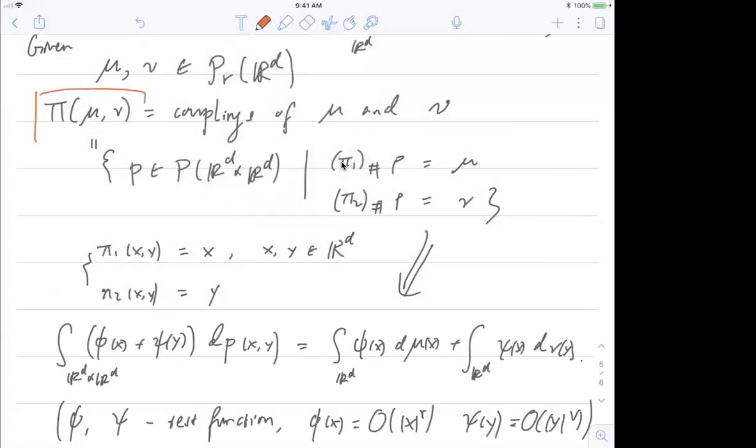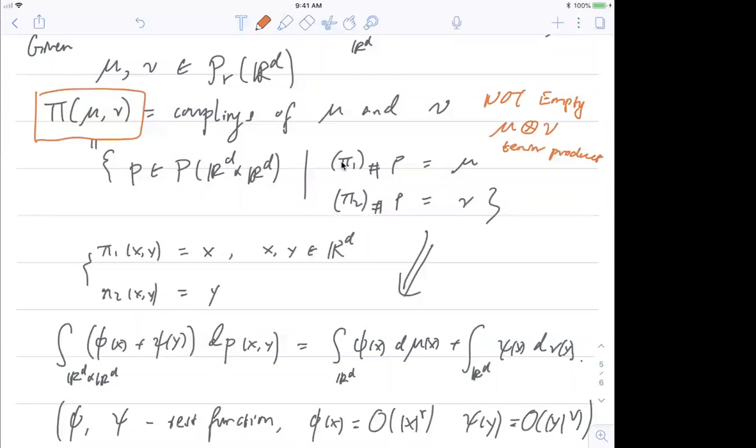So this is the definition of couplings of mu and nu. I just want to say several words about this set. Definitely it's not empty, because at least we can take mu cross nu, which means the tensor product. Basically it means independence: if you take two random variables X and Y, where X has law mu and Y has law nu, the tensor product means X and Y are independent.